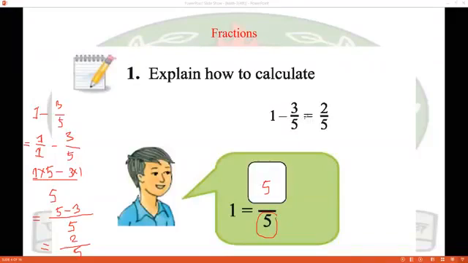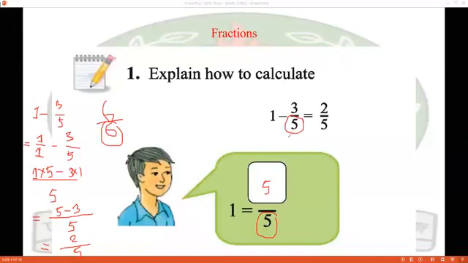Because we are subtracting 3 by 5 from a whole integer, and in this fraction the denominator is 5. So you take the denominator 5 and form 1 as a fraction, 5 by 5. If we take 6 by 6 it will be wrong, because although 6 by 6 is also 1, the denominators 6 and 5 differ, so it will be complicated.